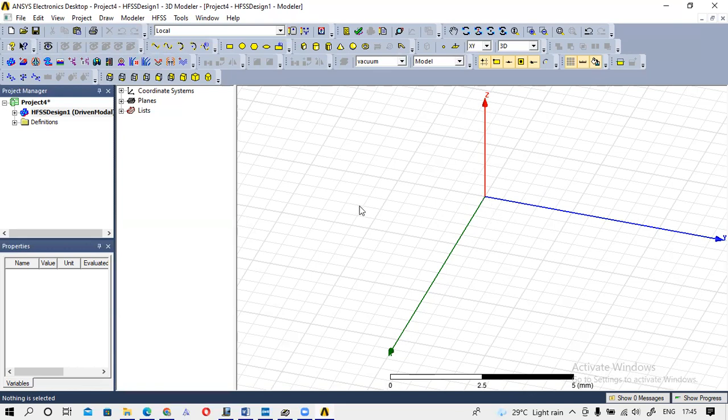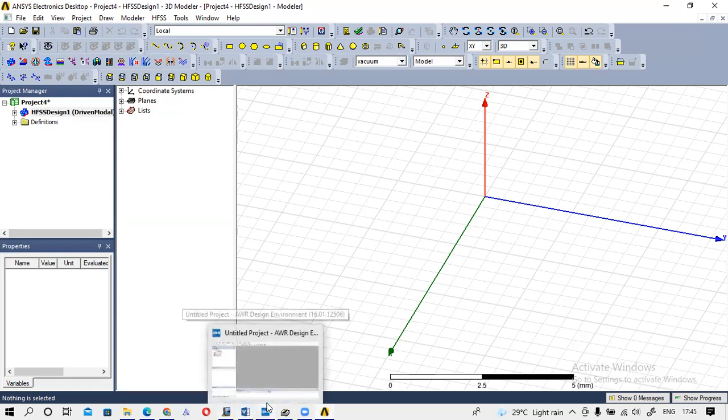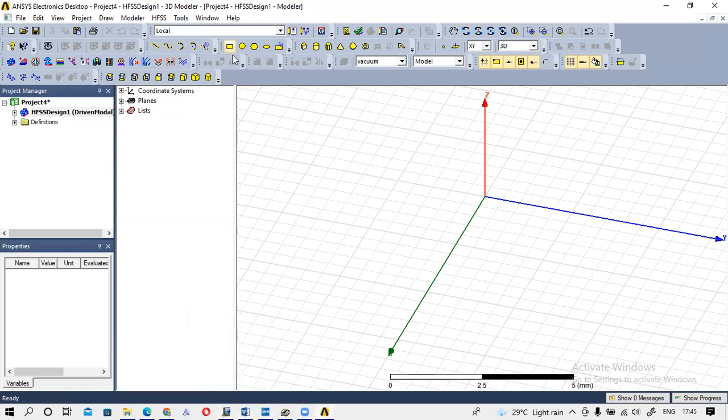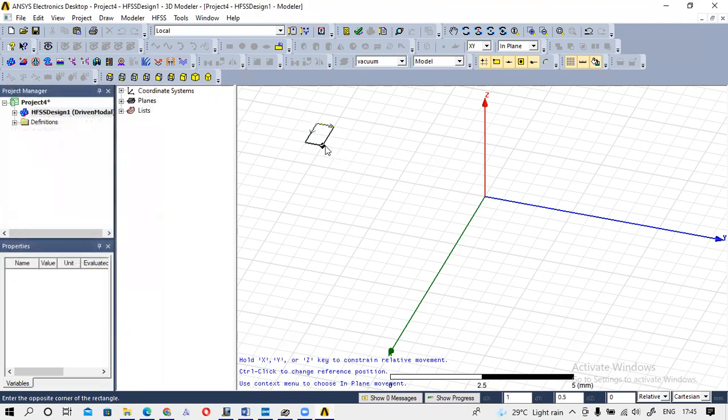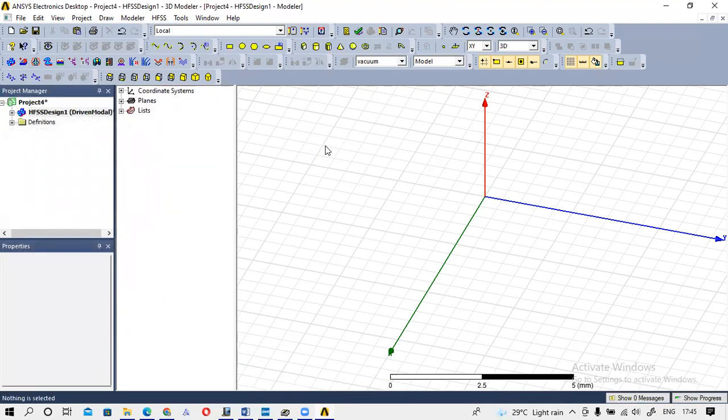So we will see how to use them. First I am going to draw my ground plane, and for that I use a rectangle shape.